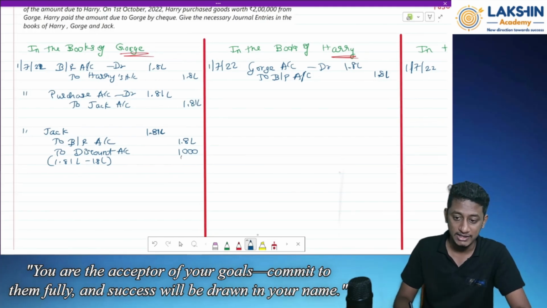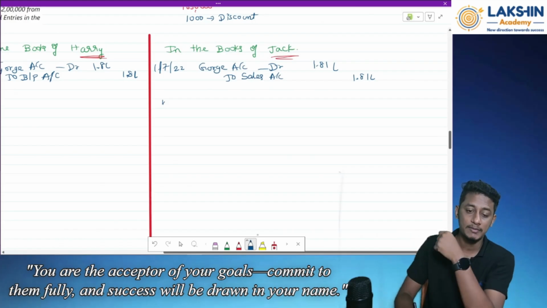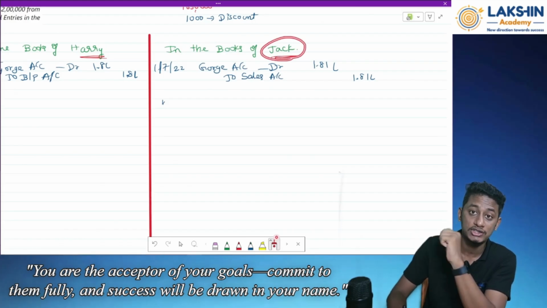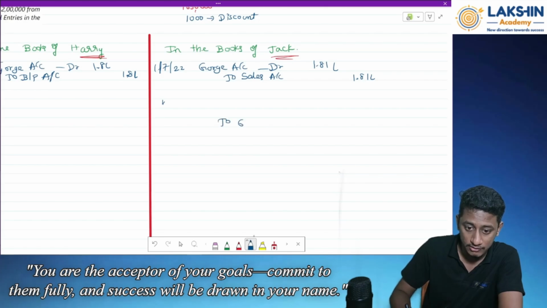Same, pass the entry in the books of Jack now. On the same date, Jack is receiving the endorsed bill of exchange from George. I will first of all reduce George's value in the books, because he is paying me in full settlement.